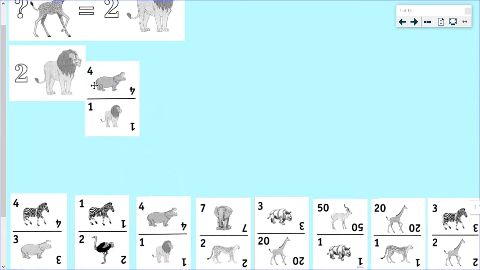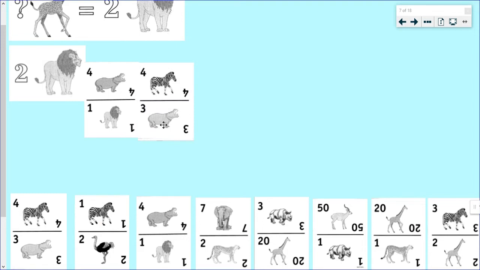I'm going to get rid of lions, so he's sitting in the right spot. Now I need to get rid of hippos, and I need to see if I have a hippo and a giraffe card. I've got a hippo card that I just placed there, so we don't want to use that one again. We've got a hippo card here, and that appears to be the only one that we've got. So I'm going to bring him up here. So my hippos are going to cancel.